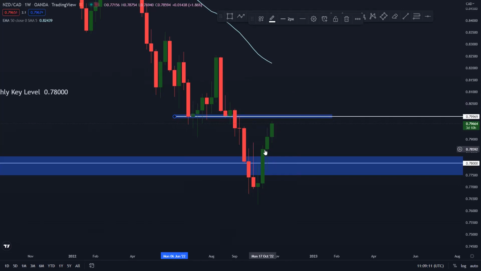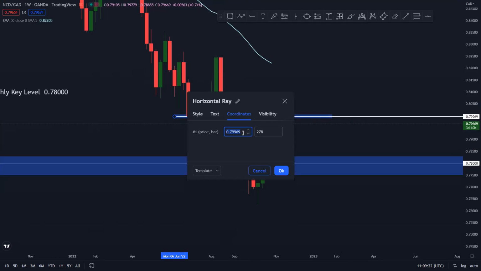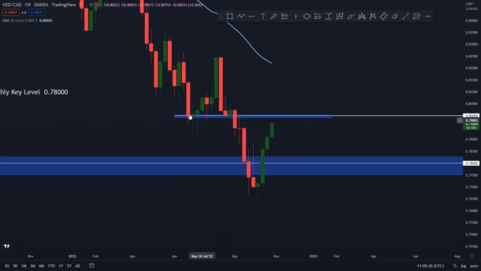this confirms that price is likely going to trade back to the previous weekly structure, somewhere around 0.8,000, which previously acted as support on 2 occasions. Broken, it now becomes a weekly resistance.